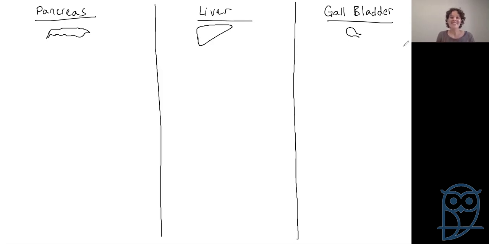Okay, so why are these three organs so vitally important? What role do they play? Your pancreas makes pancreatic juice. Okay, what is pancreatic juice?